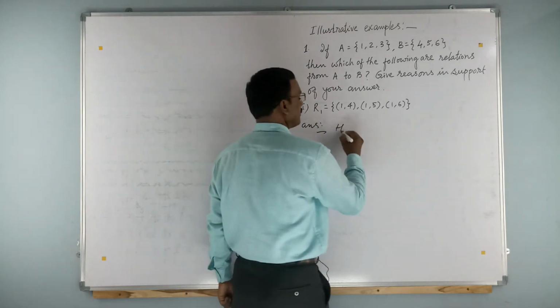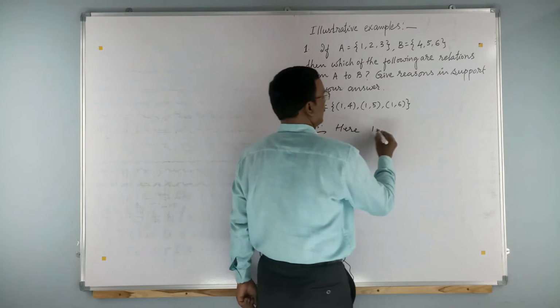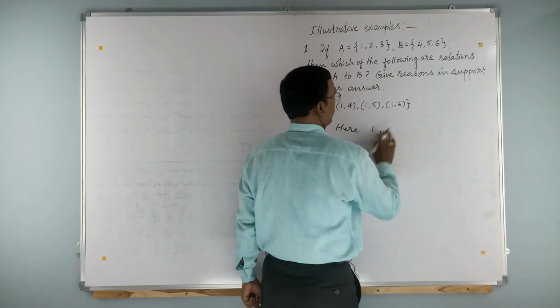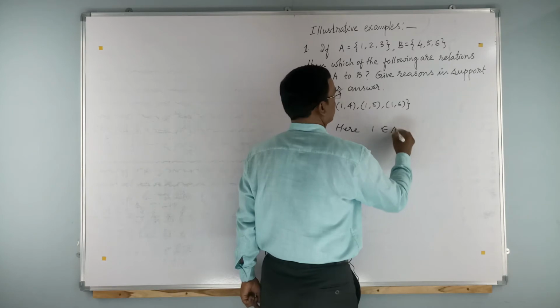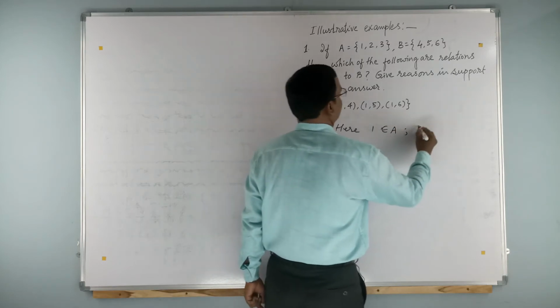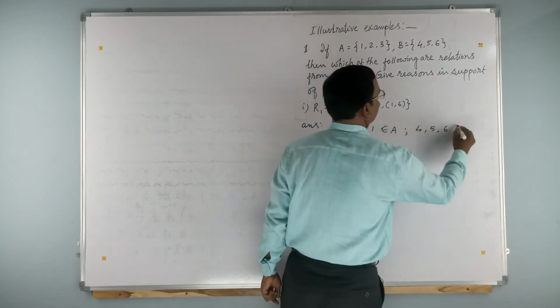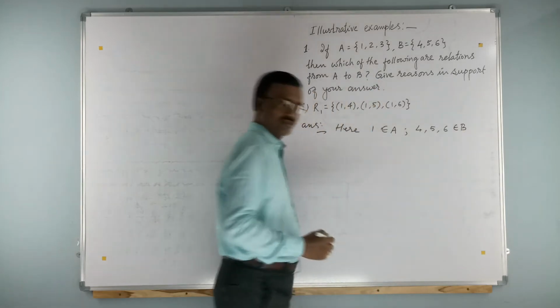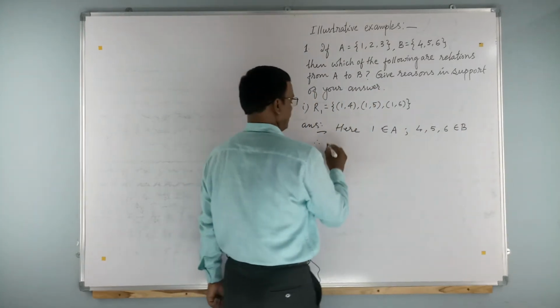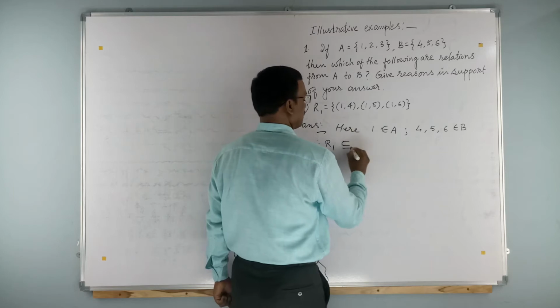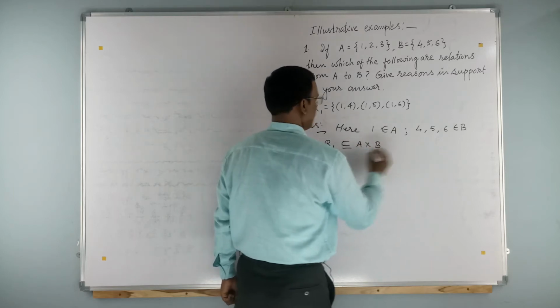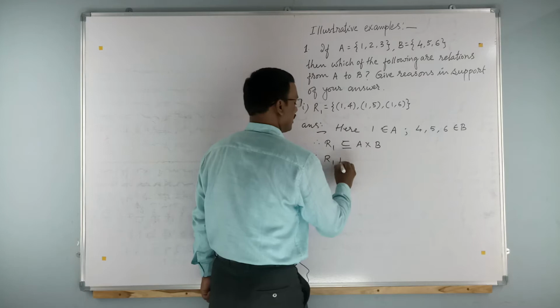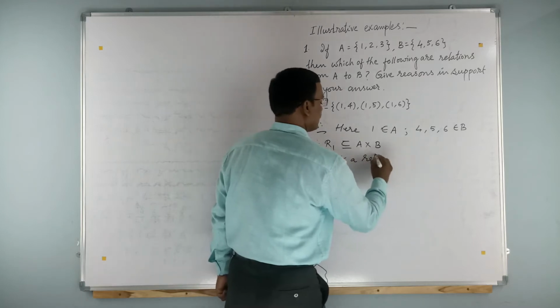So here 1 belongs to the set A and 4, 5, 6 belong to set B, and that's why this R1 is a subset of A cross B, and therefore R1 is a relation.